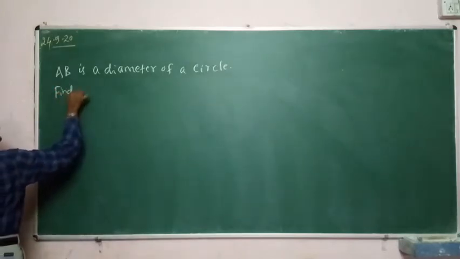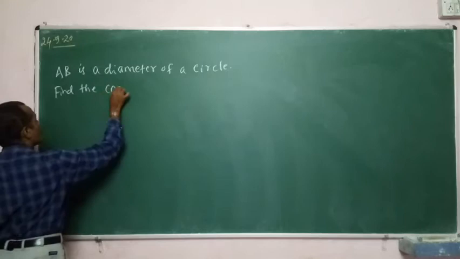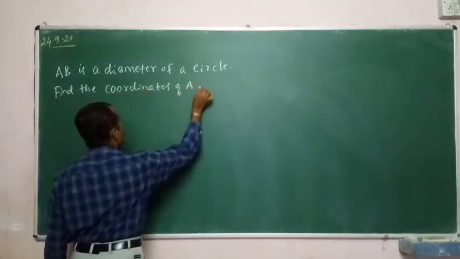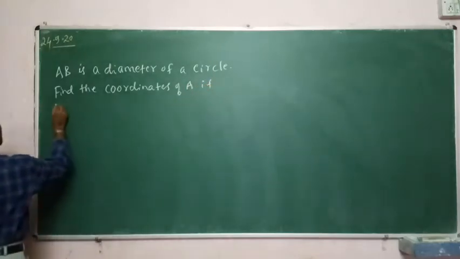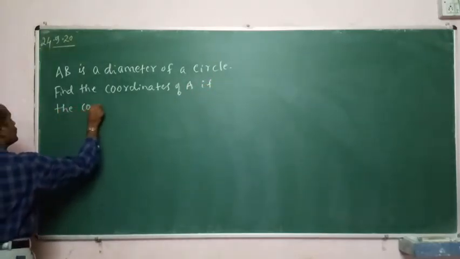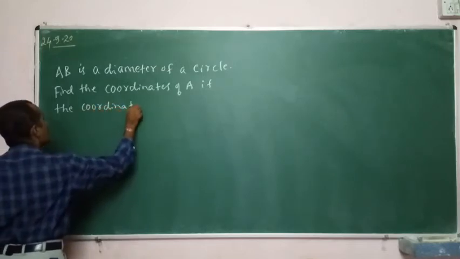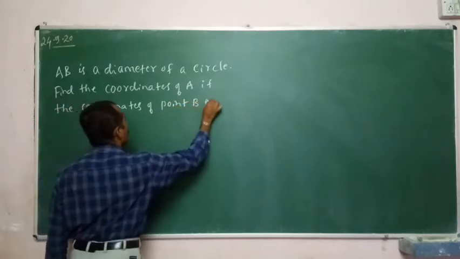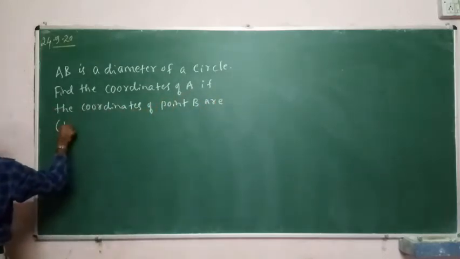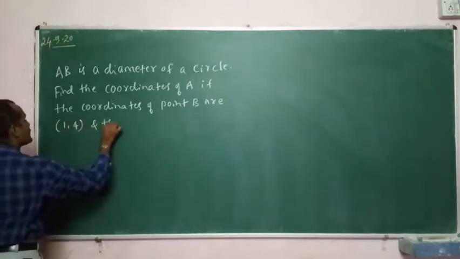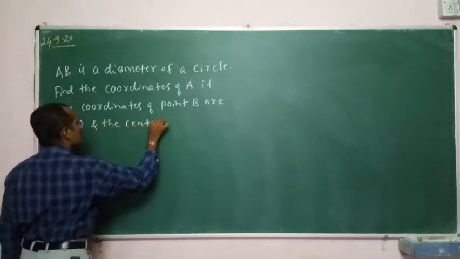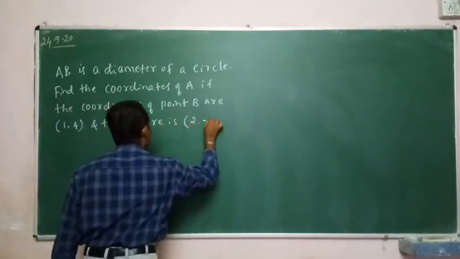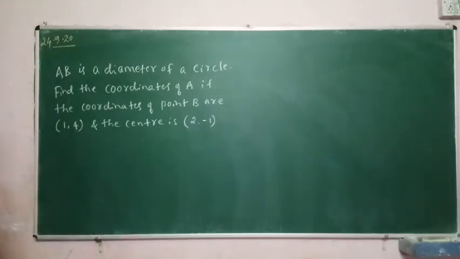Find the coordinates of A if the coordinates of point B are 1 and 4 and the center is, say, 2, minus 1. Center is 2, minus 1.